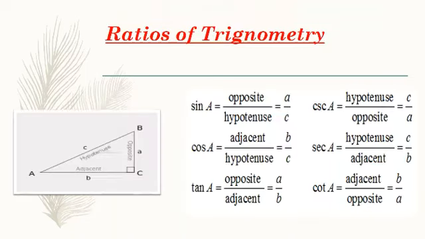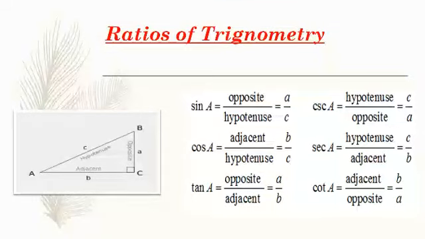Also, in the last class, we studied about the trigonometric ratios. I told you that there are 6 trigonometric ratios: sine, cos, tan, cosecant, secant, and cot, in which sine, cos, and tan are more useful in this part of lesson.